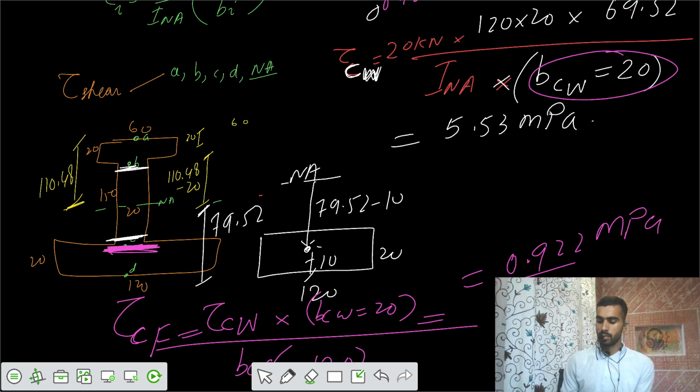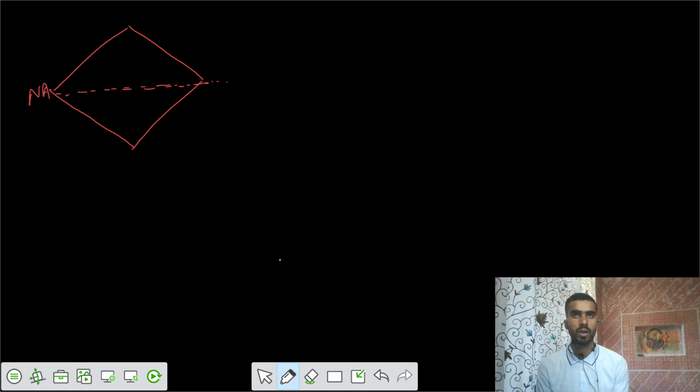So let's take the final problem. I think, yeah, we have two problems. Let's take the problem that says we had a beam in the form of a diagonal cross section, such that along the diagonal you have the neutral axis, or one of the diagonals is parallel to horizontal.